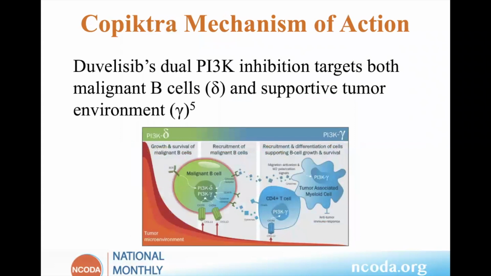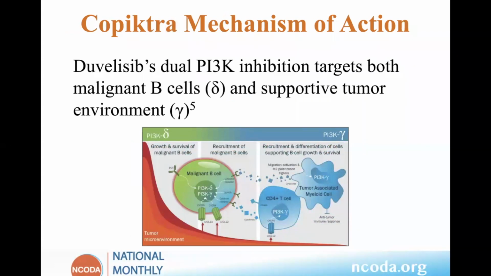Next slide. So in the previous slide, I did mention that Copiktra and Zydelig work sort of the same way, but Copiktra actually has a slightly different mechanism of action. It does inhibit PI3 kinase, but it inhibits two different isoforms of the PI3 kinase. So it inhibits the delta isoform as well as the gamma isoform.